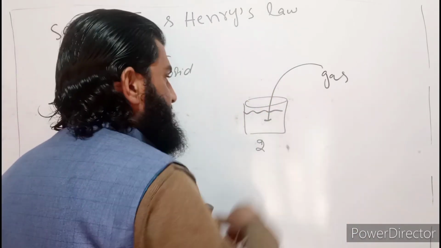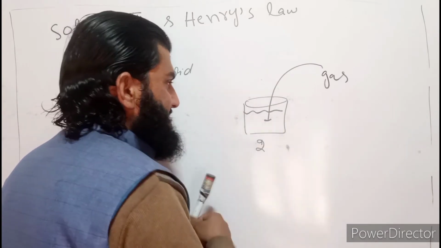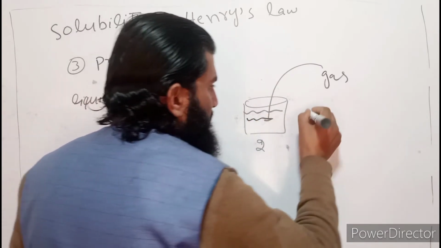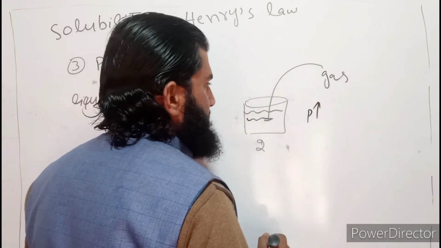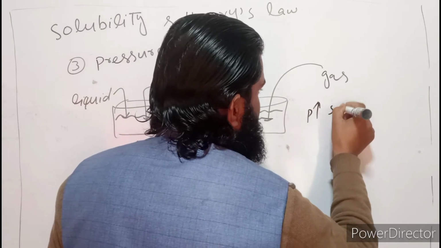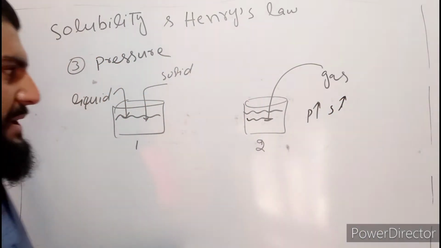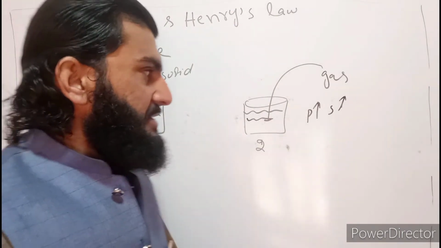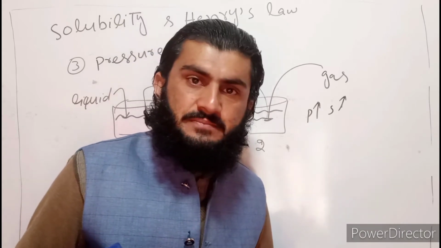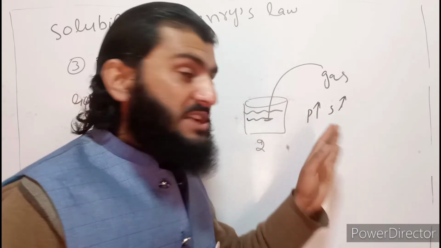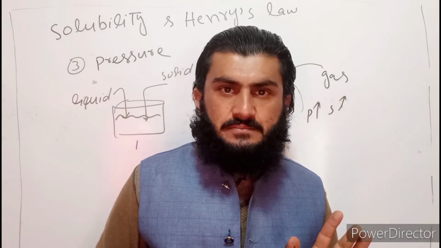So upon increasing pressure, the solubility of the gas in this liquid increases. If the applying pressure increases, solubility increases. Clear? But here, the applying pressure of what? If the applying pressure of the gas increases, the solubility of this gas increases.